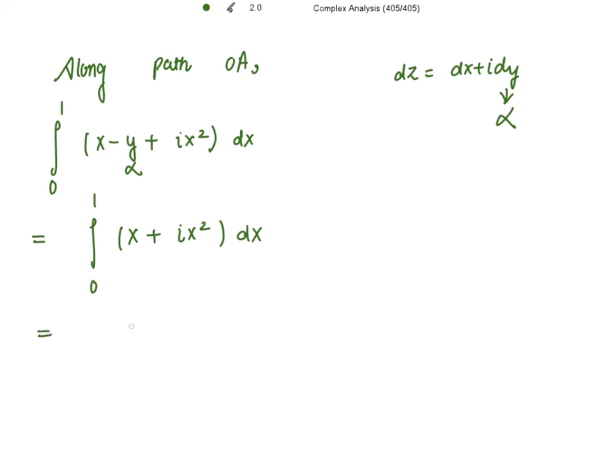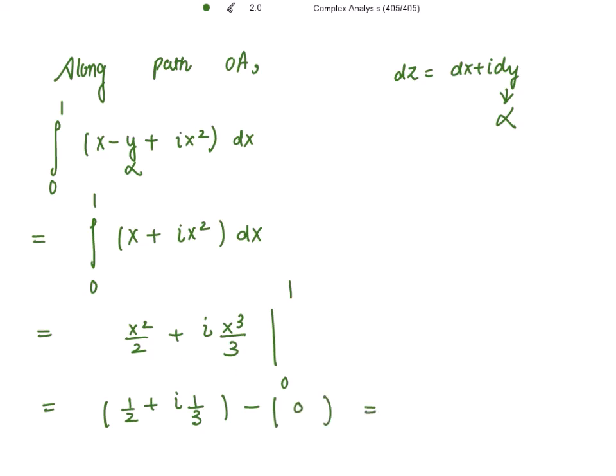So integrating x, we get x squared divided by 2 plus integrating x squared, it is x cubed divided by 3 with the limits from 0 to 1. When putting the upper limit, we get 1 divided by 2 plus iota 1 divided by 3, right? Minus, when putting the lower limit, we are getting 0, so the final answer is 1 divided by 2 plus iota 1 divided by 3.